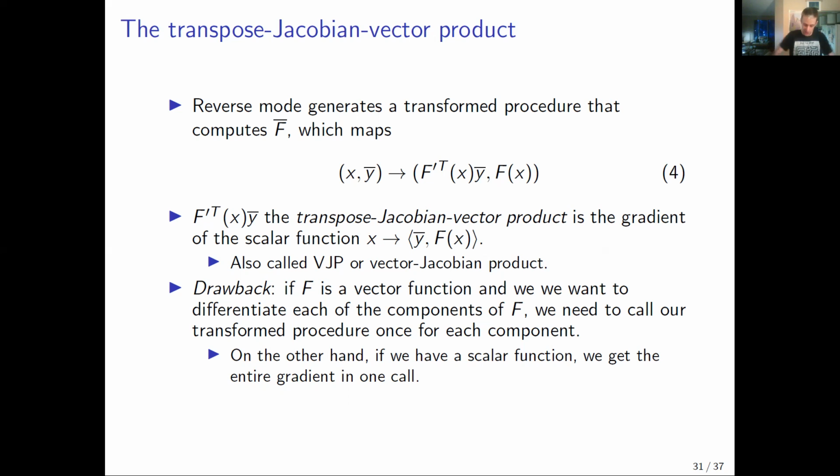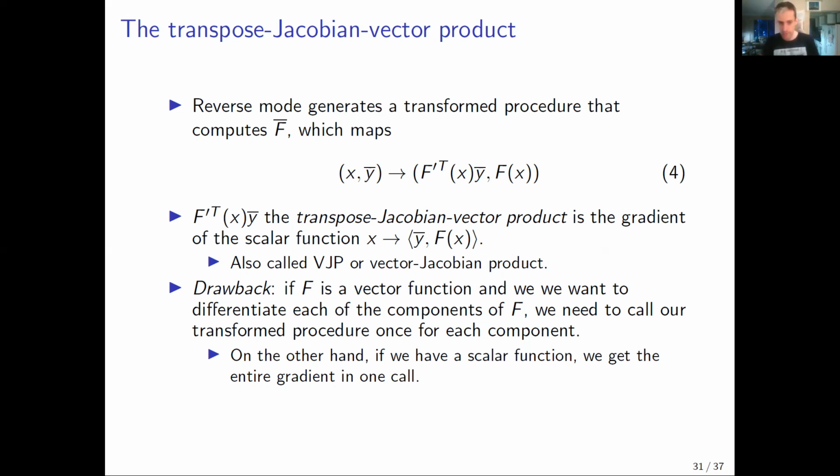So this is great. It solves our problem, but we can notice there is a drawback here. Suppose f is a vector function and we have many outputs and we want to differentiate each of the outputs of f. Well, then we need to make a call to the transformed function once per each of the outputs of f. Because after all, as we saw, in reverse mode, we compress the output part of the Jacobian.